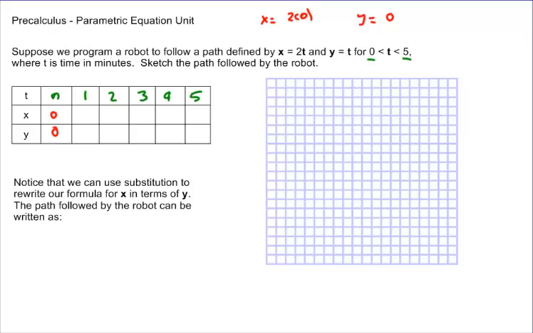2 times 0 is 0. And then I put a 1 in. So x is going to be 2 times 1, y is going to be 1. So this is the point 2, 1.